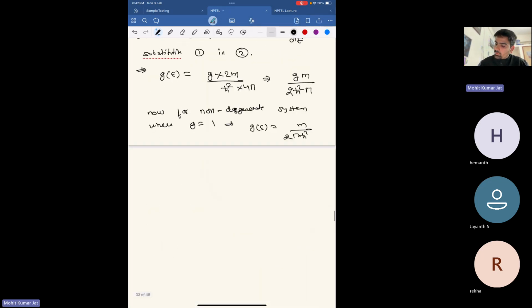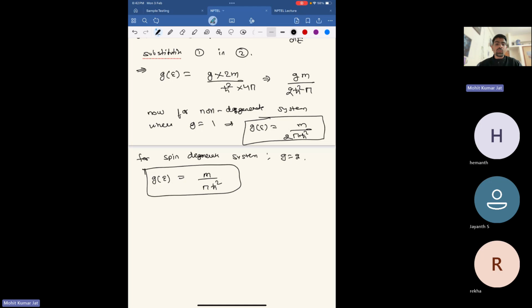And for a spin degenerate system, g equals 2, which is obviously the case. And your g(E), that is the density of states, will be m by πħ². So this is for non-degenerate, this is for degenerate.